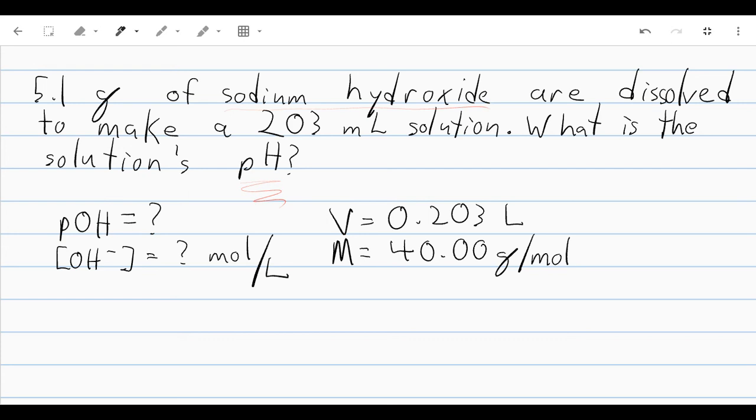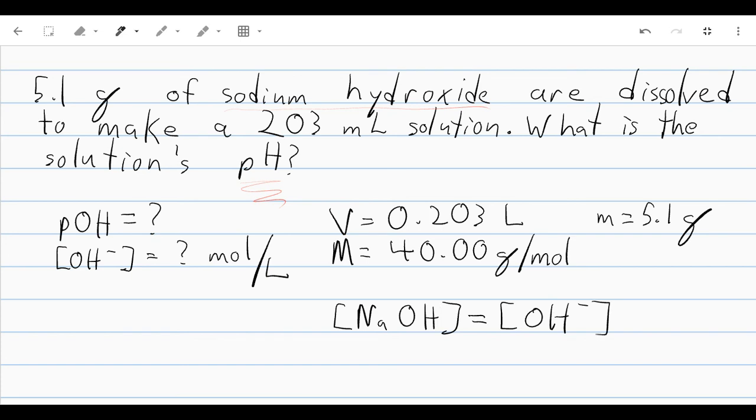And we have a mass of 5.1 grams. As well, this is sodium hydroxide, so it's NaOH. The concentration of NaOH will be equal to the concentration of OH minus, because there is only one hydroxide ion in NaOH.